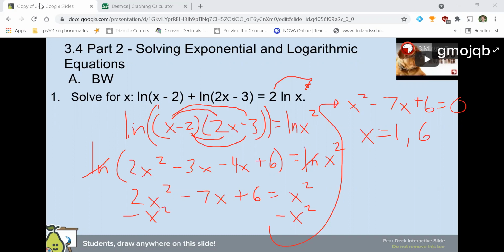Somebody will raise their hand and be like, Mr. Lake, I put in the answers 1 and 6 and it says it's wrong. What's going on? I'm pretty sure I did it right. You didn't do it right. We have to plug those back in to see if they actually work.